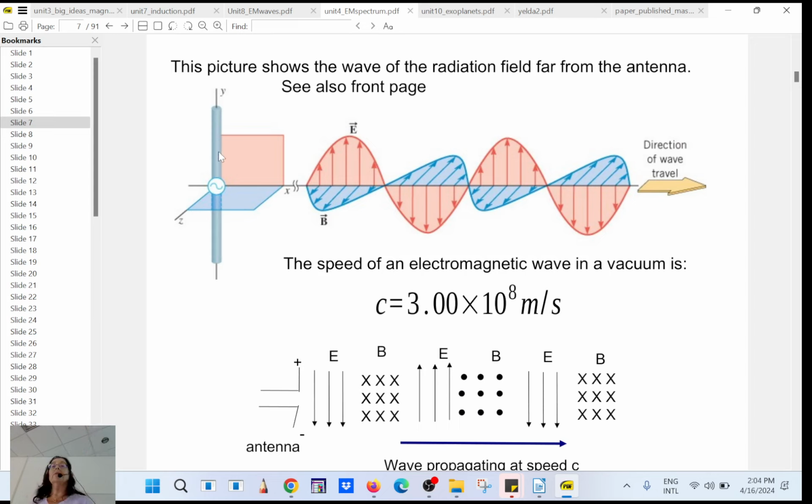So the source for an electromagnetic wave is going to be an oscillating charge, that will induce an electric field, that will induce a magnetic field, that will induce an electric field, that will induce a magnetic field, and so forth and so on. So an electromagnetic wave has two components, an oscillating electric field and an oscillating magnetic field, and they induce each other and they are in phase. So we already talked about that.